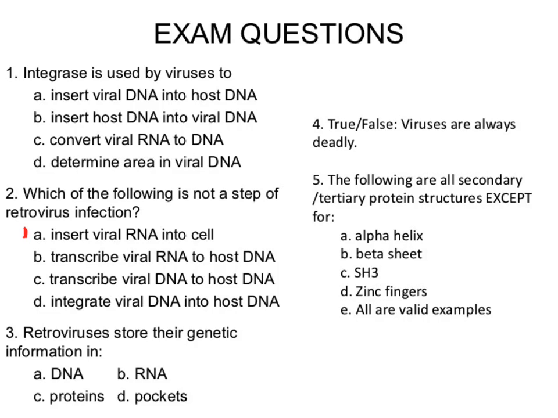We then need to get the viral DNA into the host DNA, which should arguably be step 3. Actually, that's kind of bad wording. We need to integrate the viral DNA into the host DNA. So now the question becomes between B and C, what's going on?